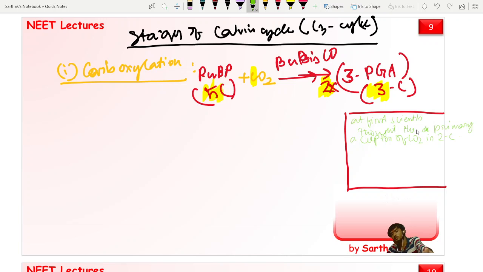The first scientist thought in the earlier age that the acceptor here is a 2 carbon compound, but later it was disproved because Kelvin found RUBP, which is a 5 carbon compound, as the CO2 acceptor here.